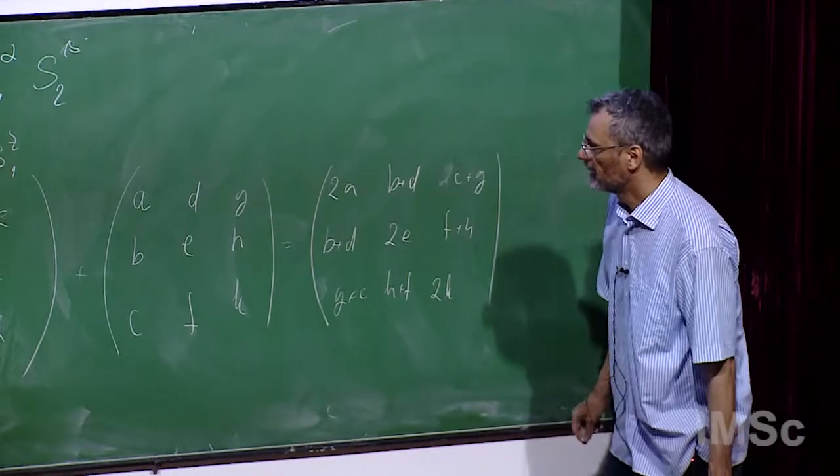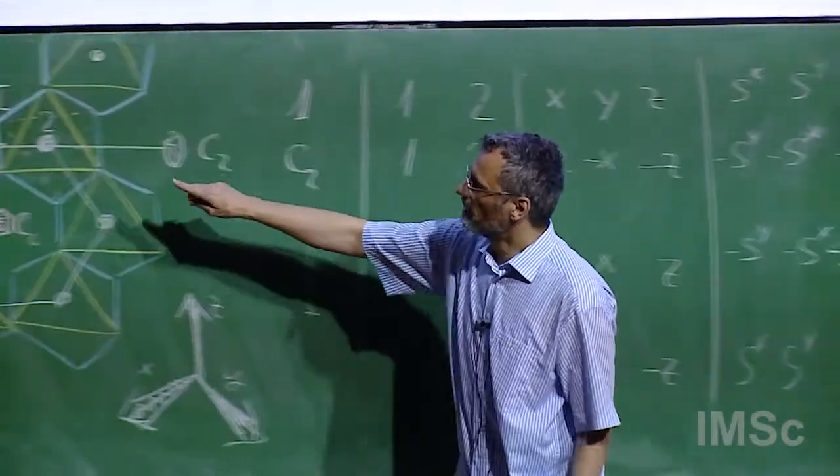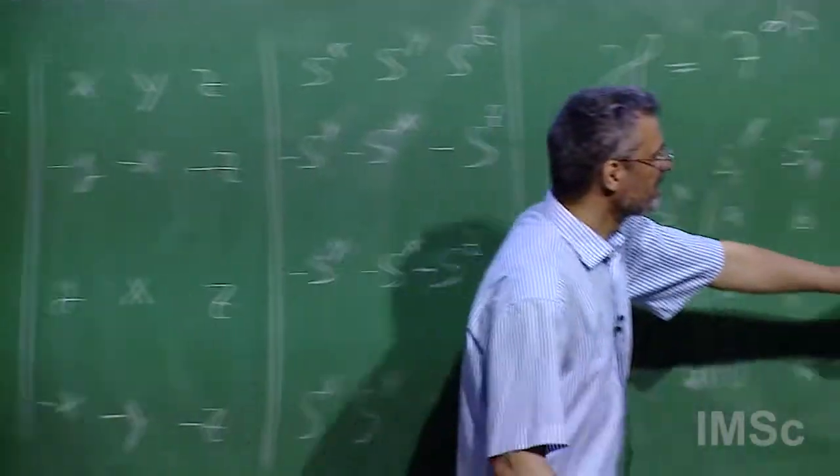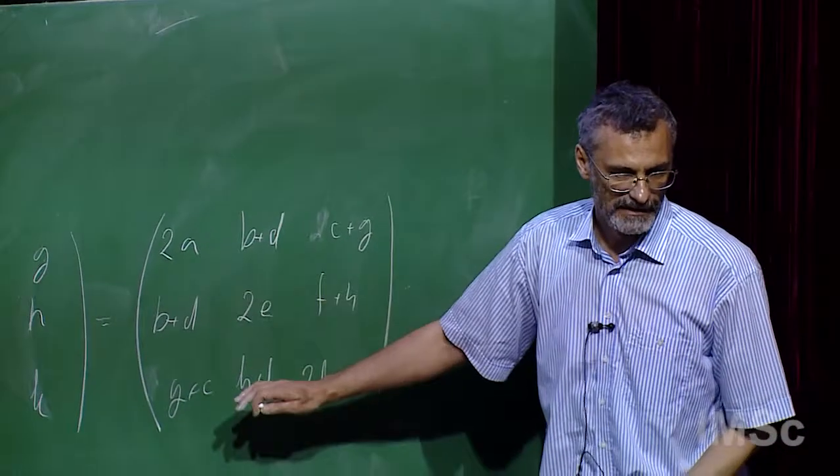So what we observe, that if there is an inversion center at the middle of the bond, then this J alpha beta matrix becomes symmetric.